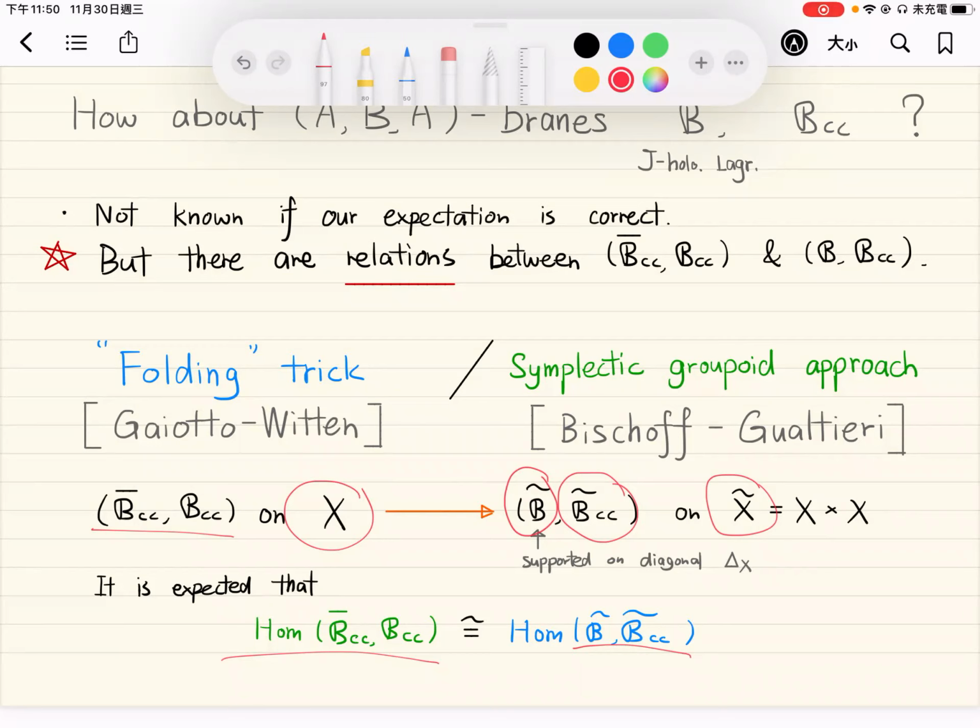So it gives us some kind of clue that maybe our expectation is correct in this situation, maybe under some assumption that is related to the infinitesimal neighborhood of the brane B in the general case.